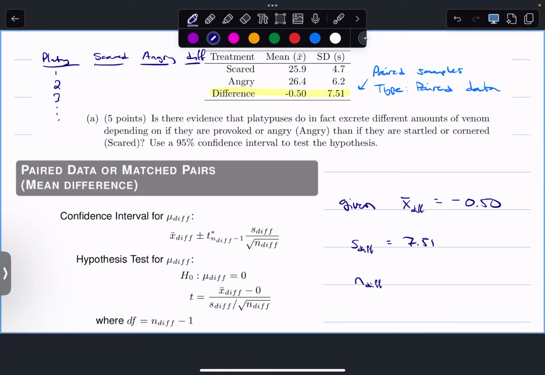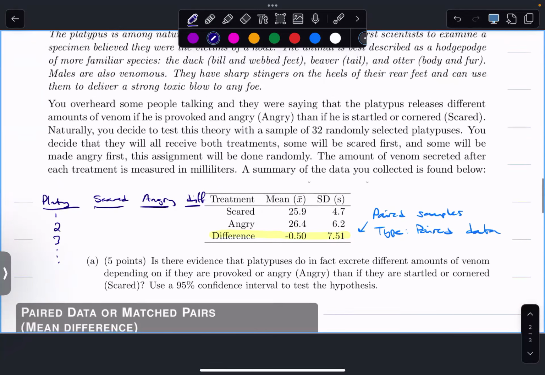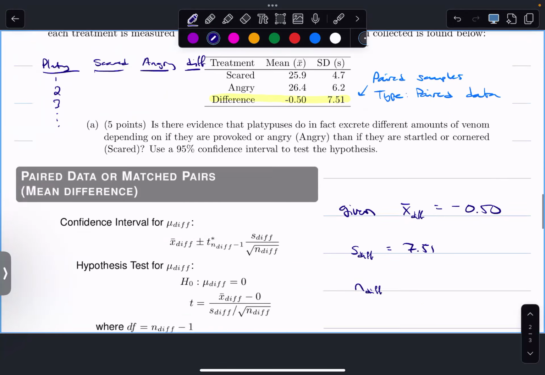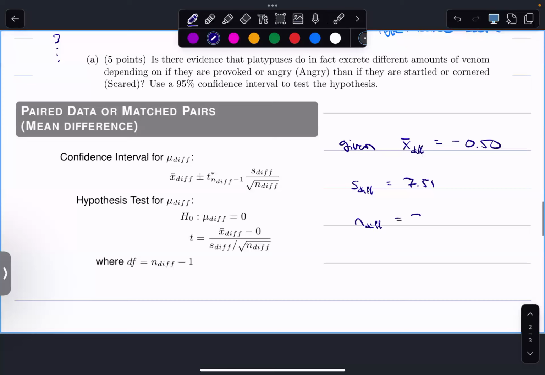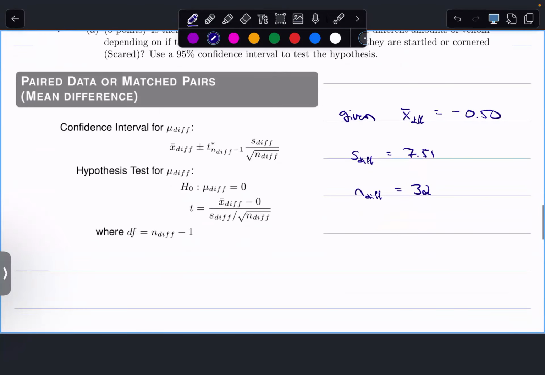I think there were 32, right? 32 randomly selected platypuses. And it's fun to say platypuses. And I looked it up. It is platypuses. But I looked it up a long time ago when I made this question, probably 10 years ago now, so it might have changed, I guess.